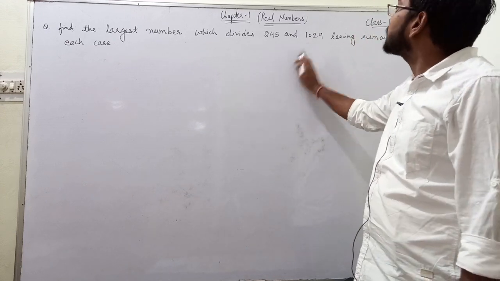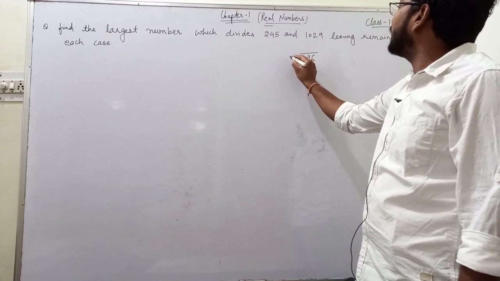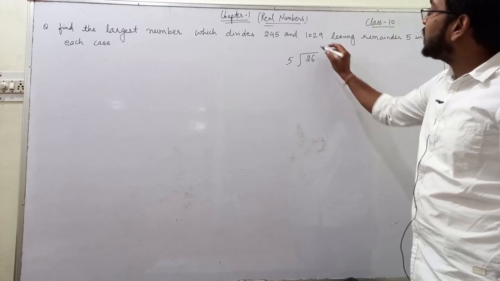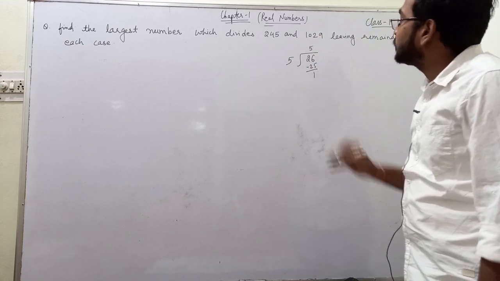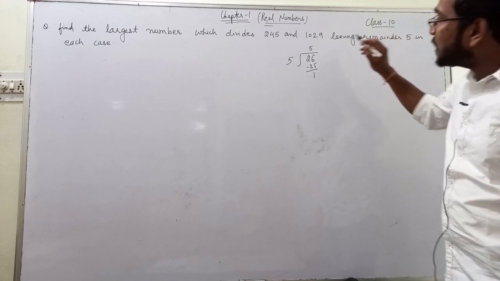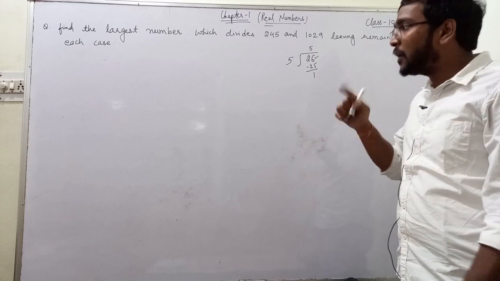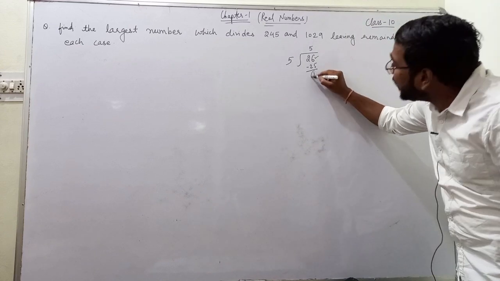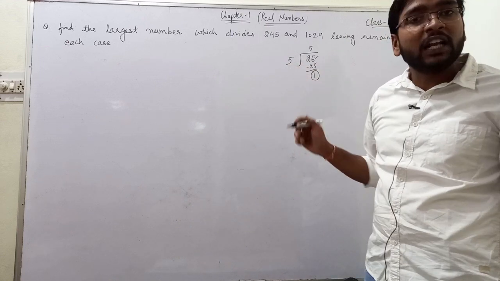What do I mean is, if I divide 26 by 5, then the quotient is 5 and the remainder is 1. So this 26 was not divisible by 5 completely because it was one number greater than the number divisible by 5, that is 25.